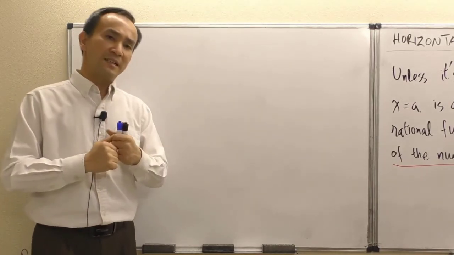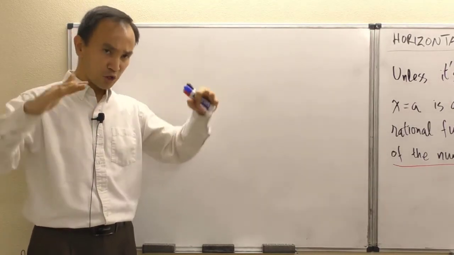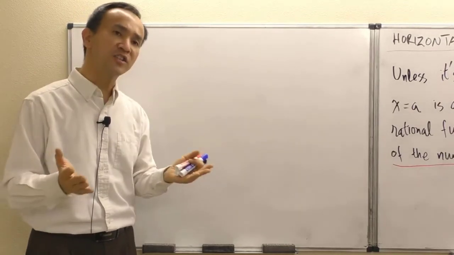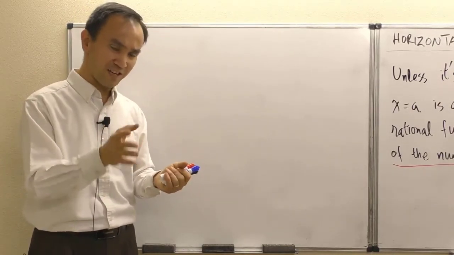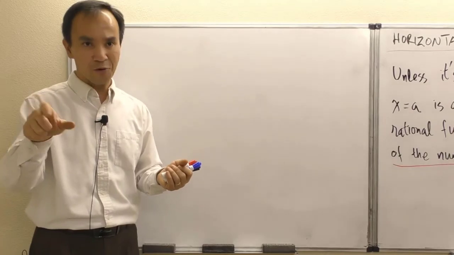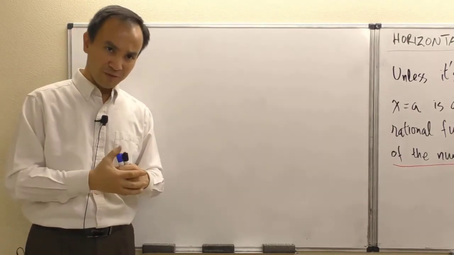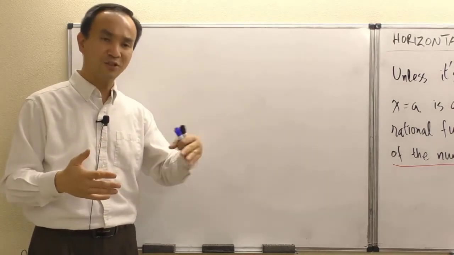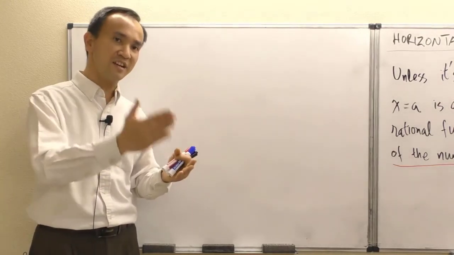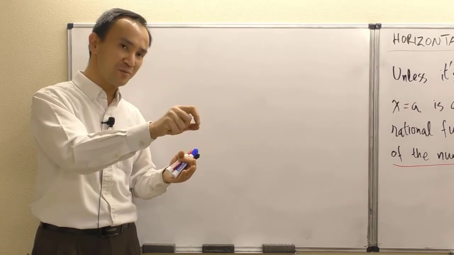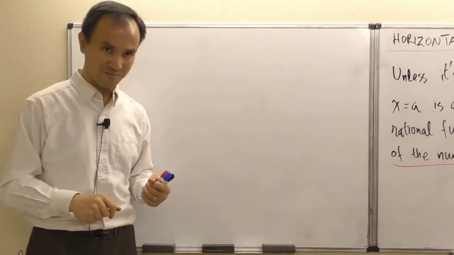Once we have found all the zeros in the numerator, those will be candidates for becoming horizontal intercepts. But then we have to filter out those candidates that also appear to be zeros in the denominator. That's the idea.